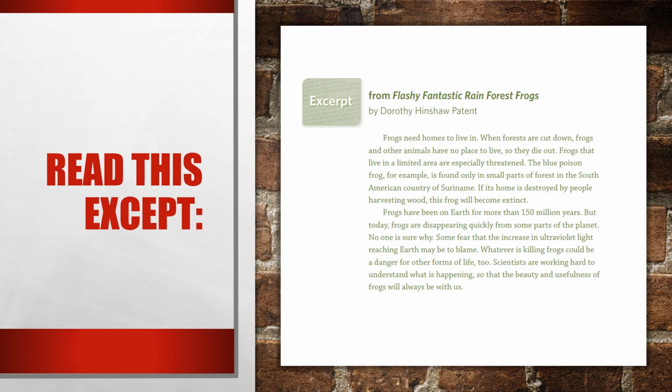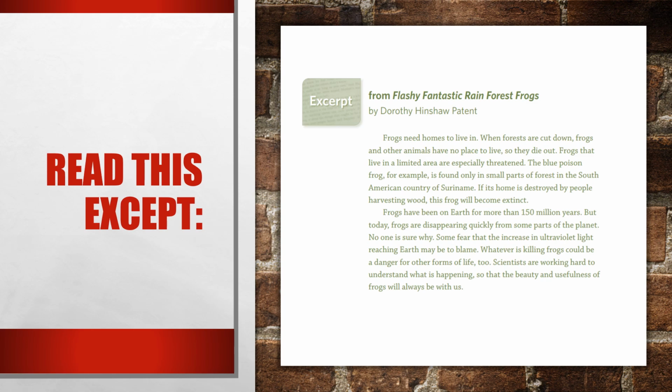Follow along as I read this excerpt to you. Excerpt from Flashy Fantastic Rainforest Frogs, written by Dorothy Hinshaw Patent. Frogs need homes to live in. When forests are cut down, frogs and other animals have no place to live, so they die out. Frogs that live in a limited area are especially threatened. The blue poison frog, for example, is only found in small parts of the forest in the South American country of Suriname.